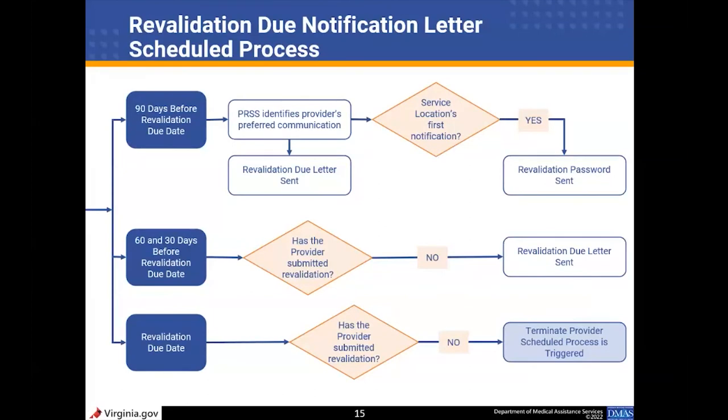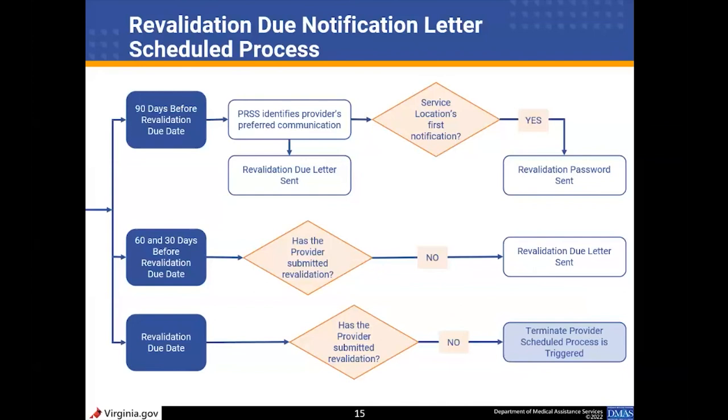And then at 60 days prior to the due date, the system identifies providers who have yet to submit a revalidation and sends another revalidation due letter. At 30 days prior to the due date, the system identifies providers who still have not submitted a revalidation and sends a third revalidation due letter.